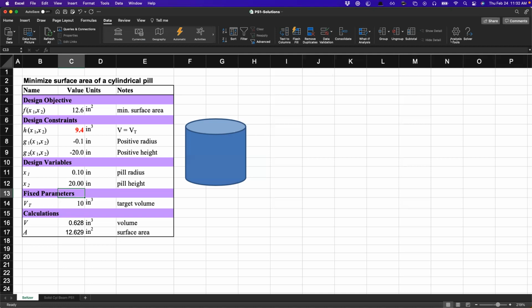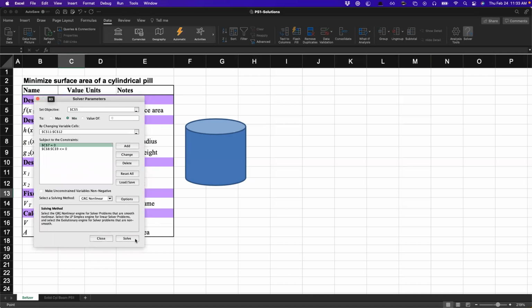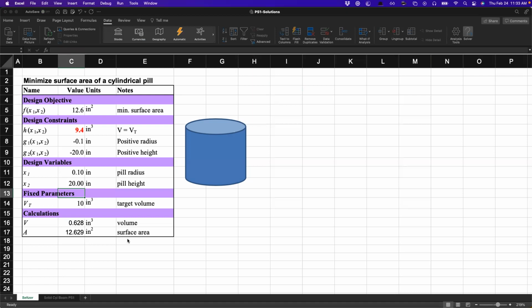Okay, let me try this again. I don't remember exactly what I needed to do to break this, but hopefully this works. Nope, it's still getting to the right answer. Okay, let's make this more extreme. 0.001 and 1000.